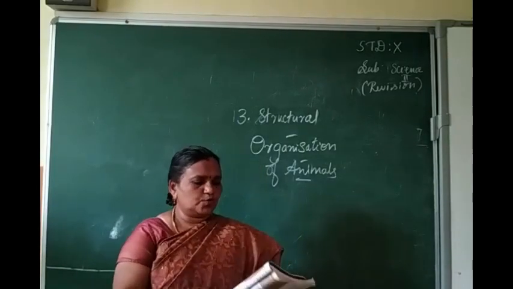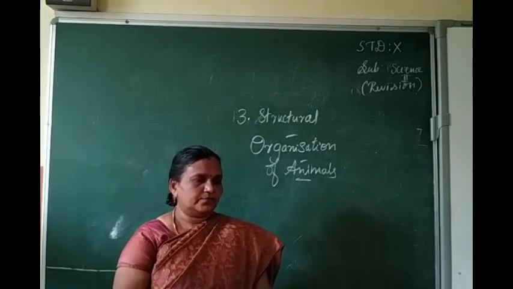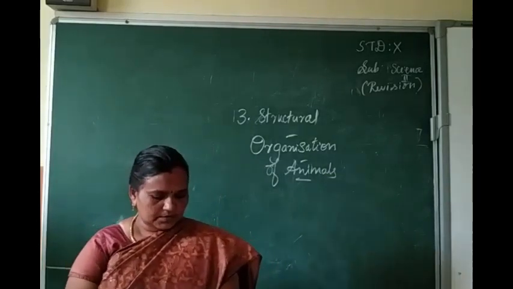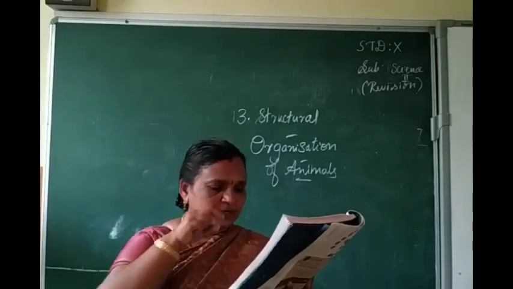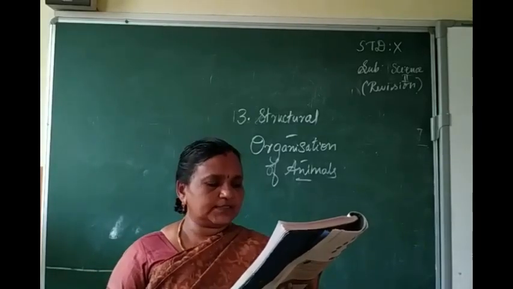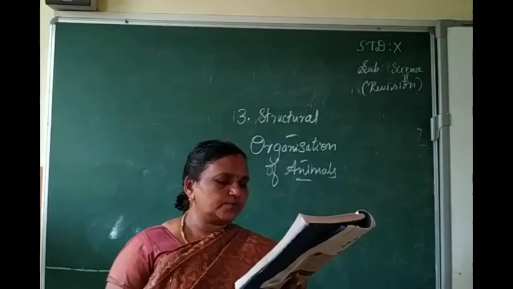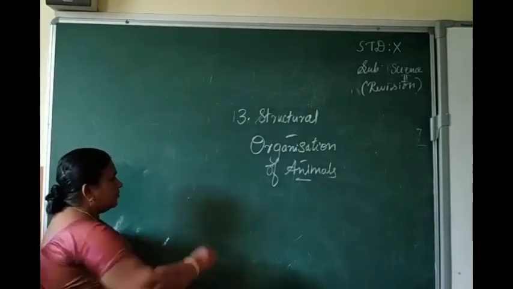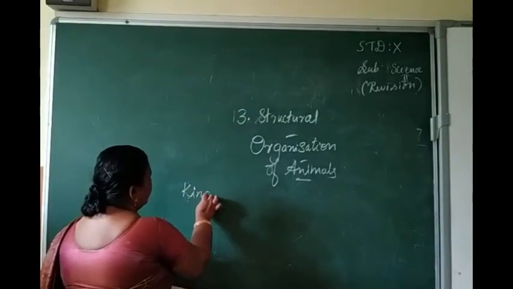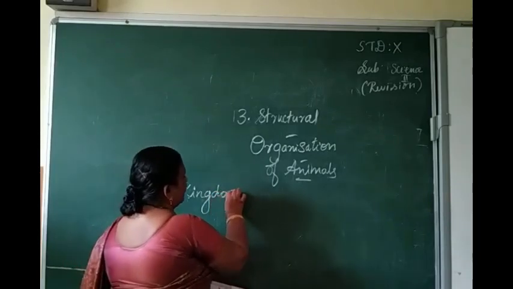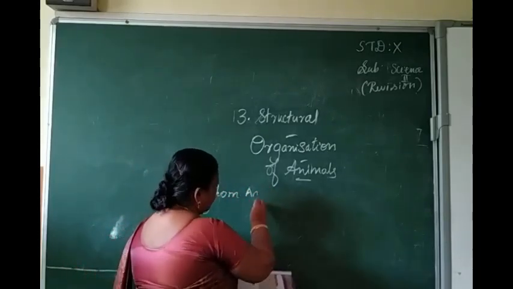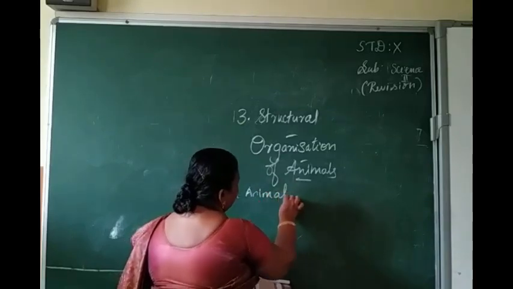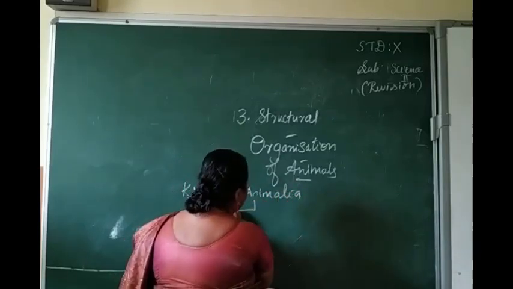one-word questions and 2-mark questions from the interior side. First of all, the Kingdom Animalia introduction page. See the introduction page. What are the 2 major groups of Kingdom Animalia? There are 2 groups.